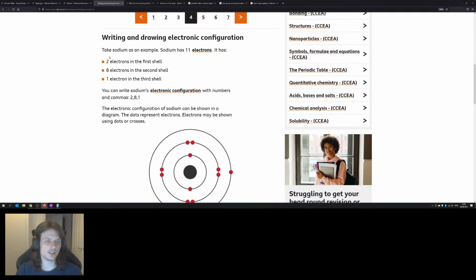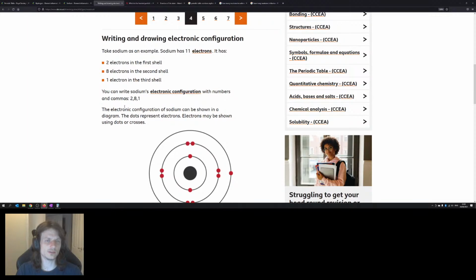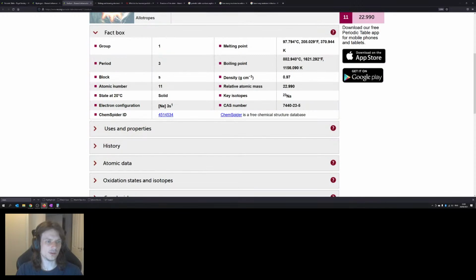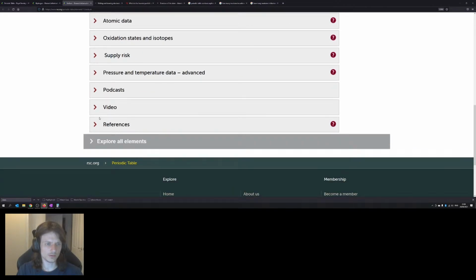Right, okay, so let's figure out, what was this? Sodium again. So its electron configuration is 3s1. I wonder if it's got anything else here.